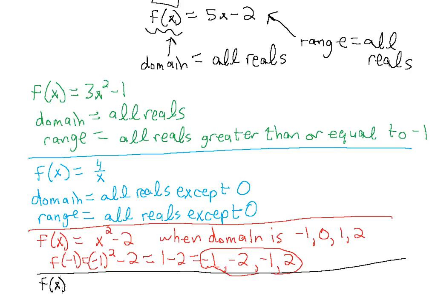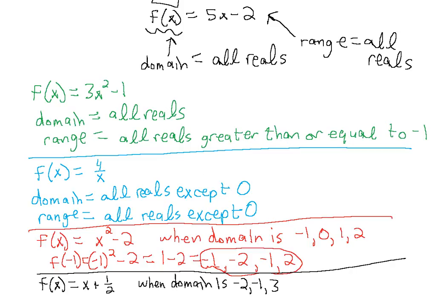Let's say we have f of x equals x plus 1/2, and we want to know what the range is when the domain is limited to the following numbers. Let's say the domain is -2, -1, and 3.